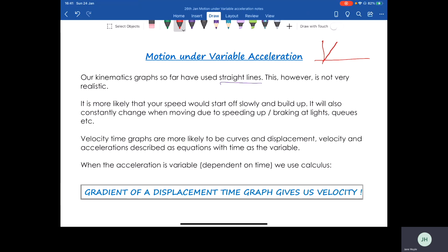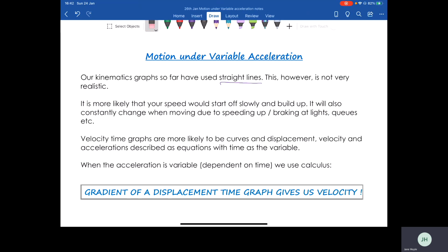Velocity increasing, we have got an acceleration, constant velocity, no acceleration, and then we've got a deceleration. And so we would use gradients to find accelerations, and we have found areas to work out distance travelled or displacement. But of course, that's not very realistic at all.